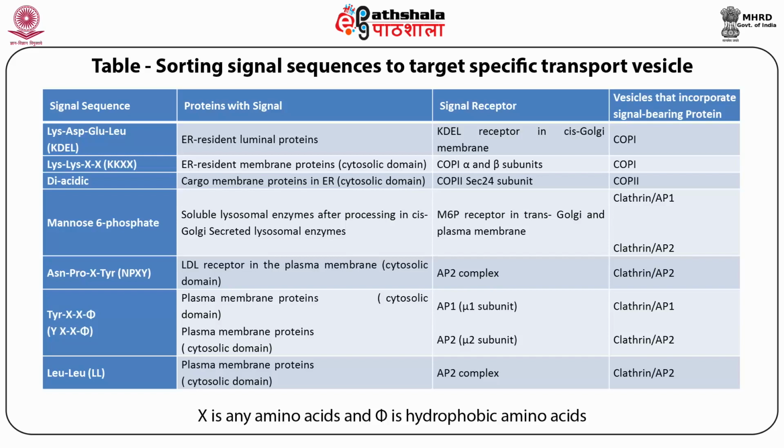Similarly, if a protein has a sequence with 2 lysines followed by 2 hydrophobic amino acids, then these are also residents of the endoplasmic reticulum, present in the cytosolic domain. In the table, you will find the mannose-6-phosphates are required for residents of lysosomal enzymes. Simultaneously, if you have leucine-leucine structures, these are residents of plasma membrane proteins in the cytosolic domain.